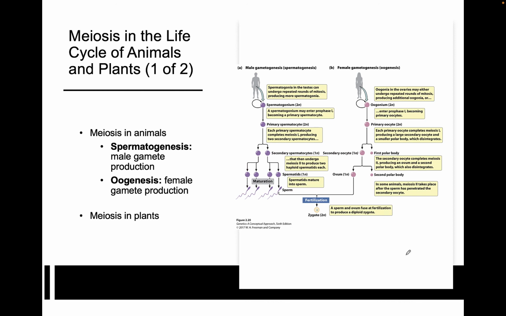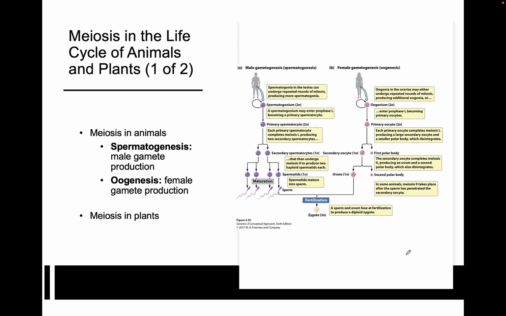The primary spermatocyte then goes through meiosis, and it will produce 2 secondary spermatocytes. It'll then finish undergoing meiosis, and at the end of meiosis, you'll have what we call 4 spermatids, which will then mature with the addition of a tail, and are then termed sperm.